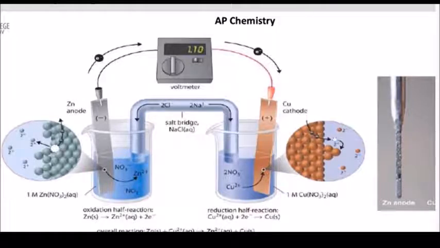So we had this balance of zinc 2+ and nitrate ions, and once more zinc 2+ is going into the solution, the amount of nitrate ion is not changing, so we basically have this buildup of extra positive charges.